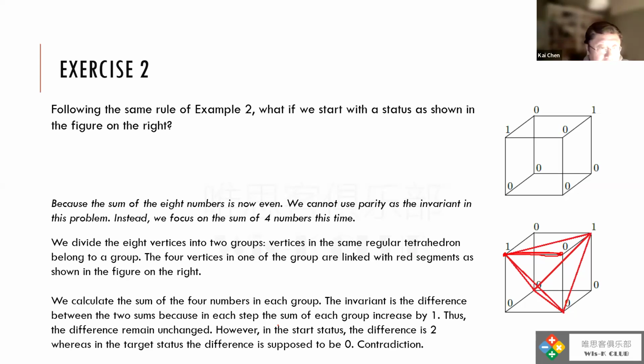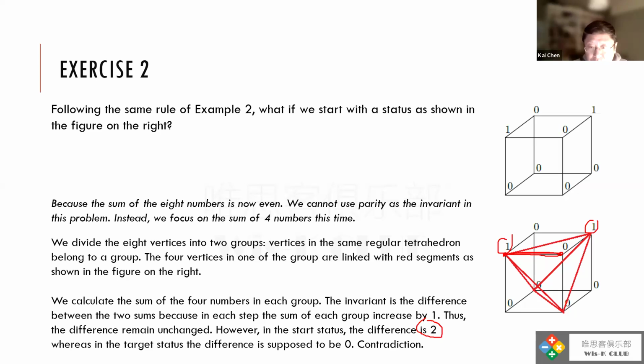Now think about the initial state. Very interestingly, the 2 ones belong to the same tetrahedron. So the sum is 2, and the sum of the other tetrahedron is 0. So the difference is always 2, no matter how many rounds you use, no matter how you select these edges.